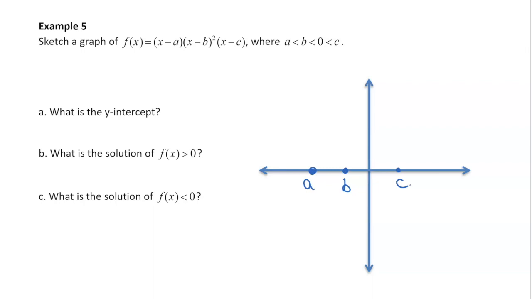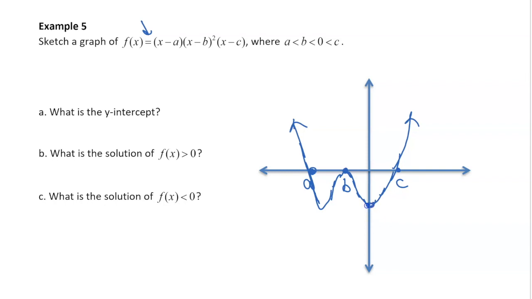And so if we're to get ready to graph this, there's no negative in front, so let's assume that it's a positive quartic function, and it could look like this. It's going to bounce off of b twice, and that would be something that would satisfy all of those characteristics.